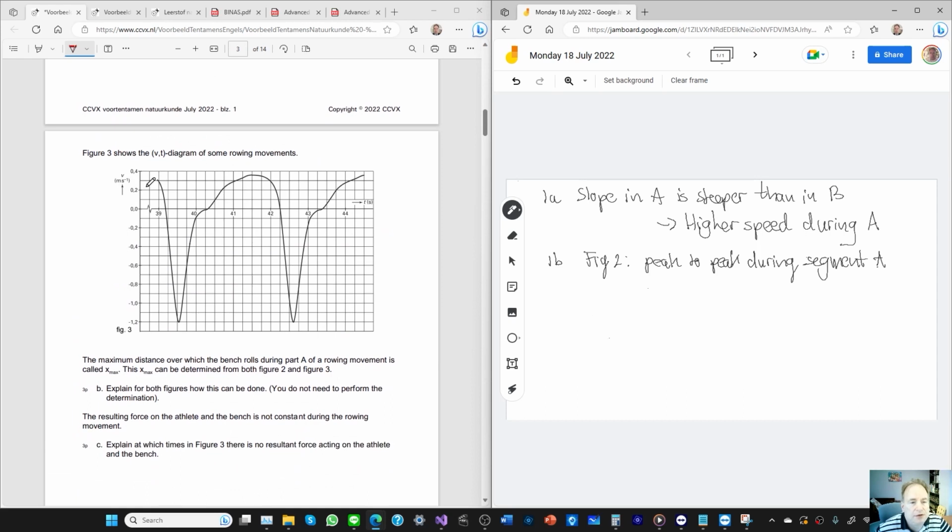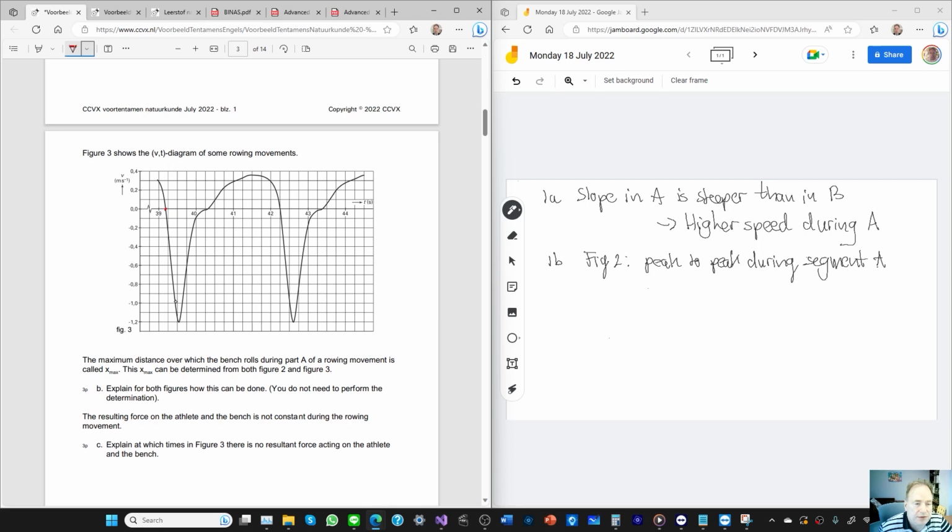And then the velocity diagram. Well, let's analyze this a little bit. Here, the velocity is positive, which means it's moving to the right. Section A of the movement is moving to the left, which means a negative velocity. So starting here, it will start to move in a negative direction.